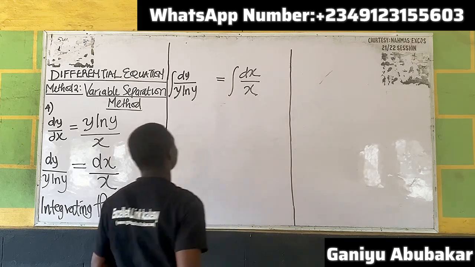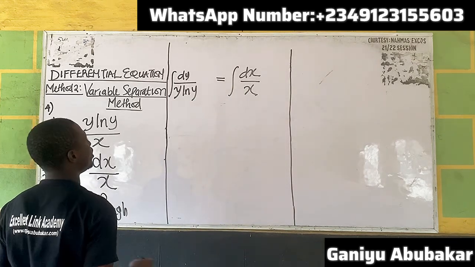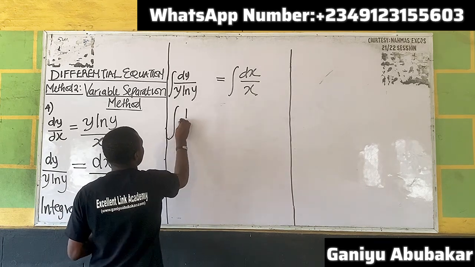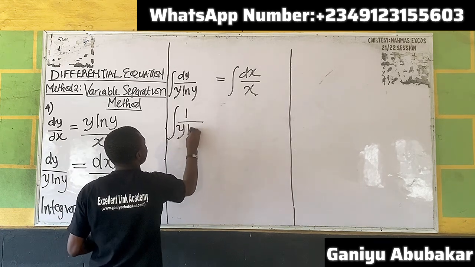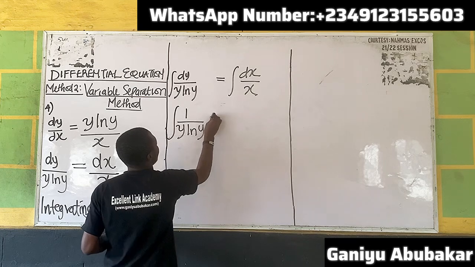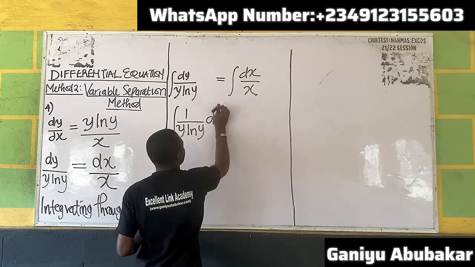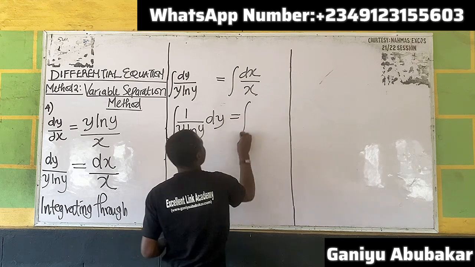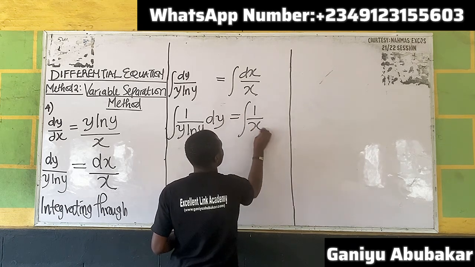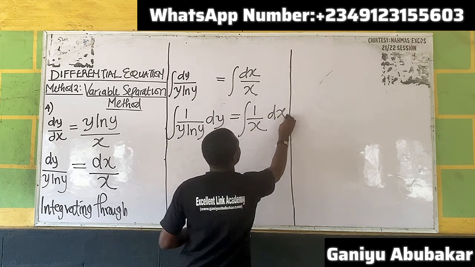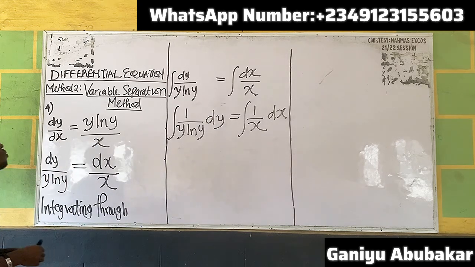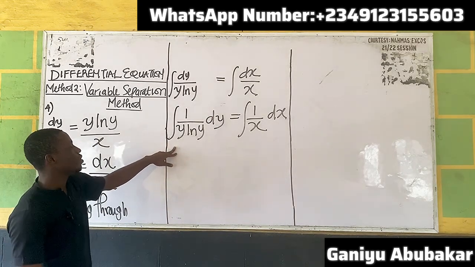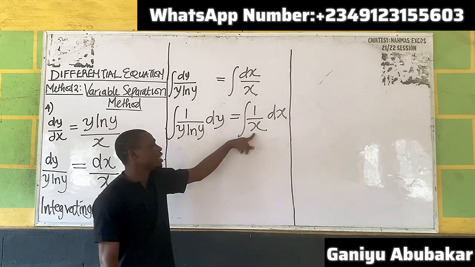All right, I have this one here. It says shift out the y and the x. That gives you the integral of 1 over y ln y dy equals the integral of 1 over x dx. All right, how do you integrate this one here? If I integrate 1 over x, that gives you ln x.